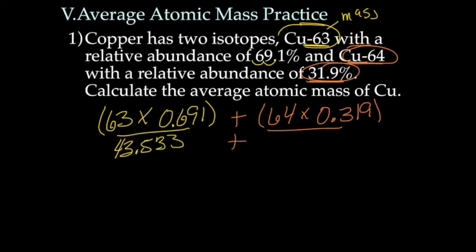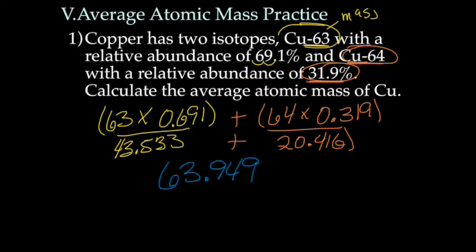And when I do this one, 64 times 0.319, I get an answer of 20.416. All right, so now to finish this problem, what we need to do is just add our 2 answers. And I got an answer of 63.949 AMU. Remember, mass is in AMU.